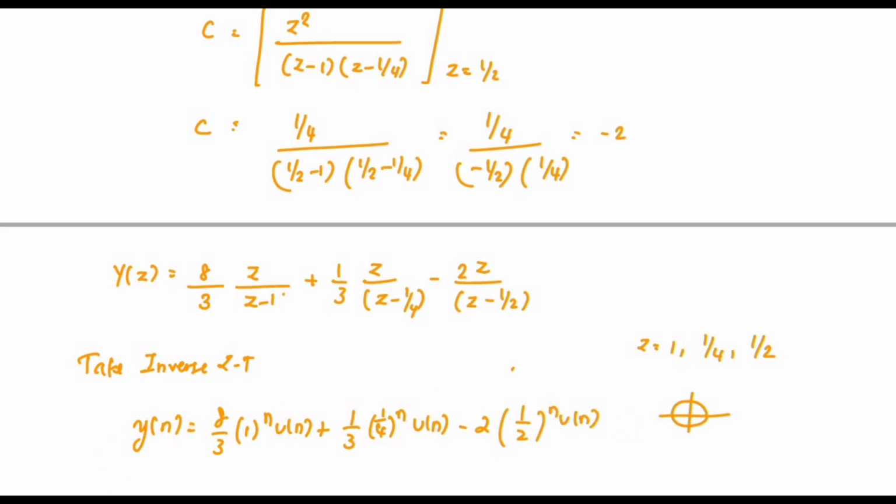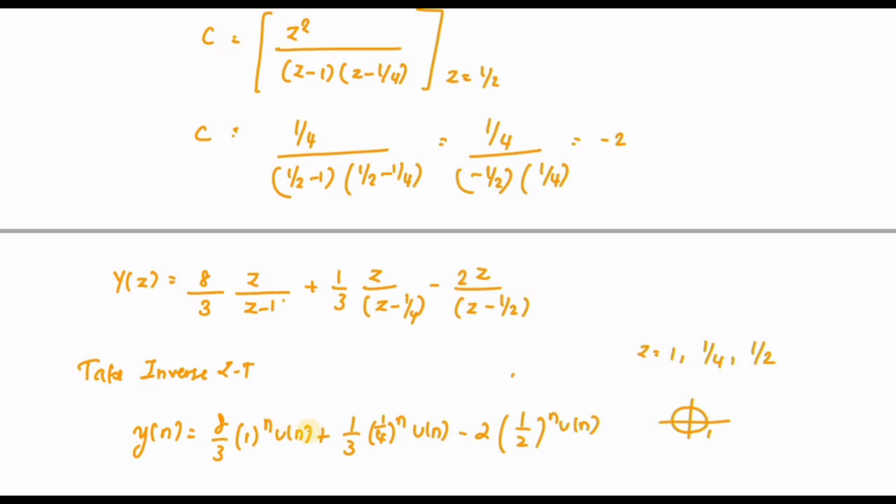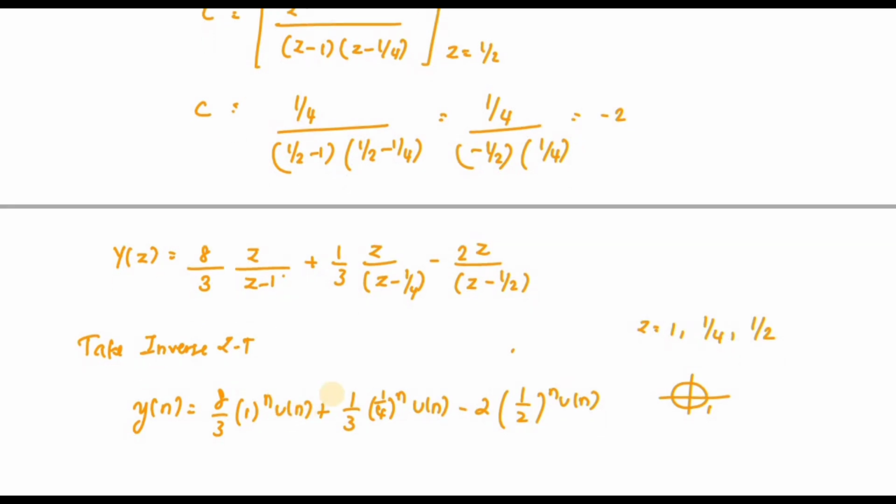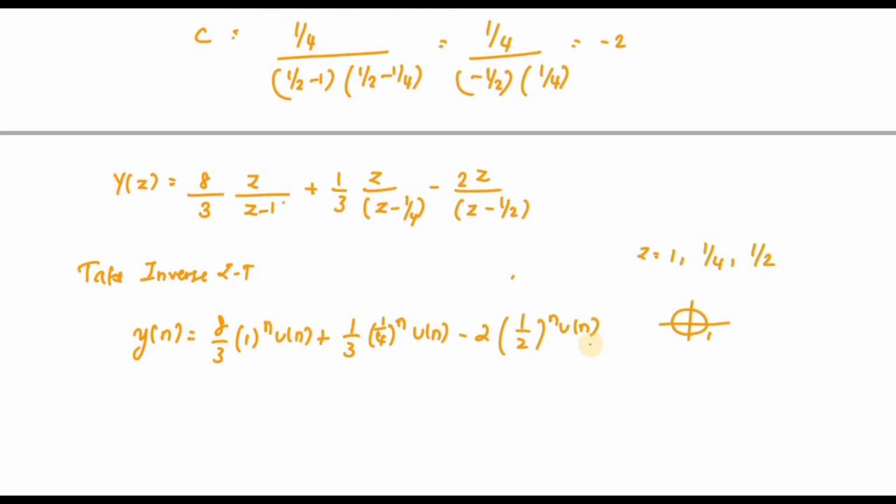So here, if you see this one, this is nothing but u of n, right? Though the 1 by 4 and 1 by 2 are inside the unit circle, this u of n is the unstable one. So I can tell this system is unstable. Okay. The condition is the poles must be inside the unit circle.